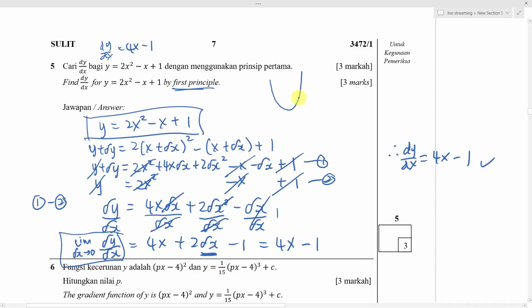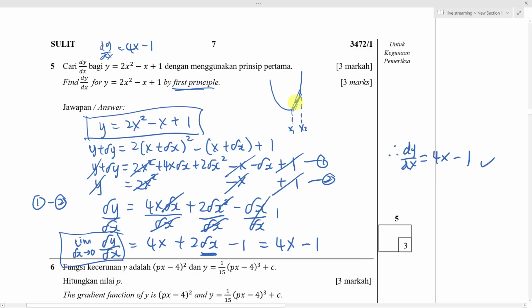Okay, let's say I want to find a gradient at this point. The mathematicians find out that they need to find a point very close to this one. Let's say this is x1, this is x2. So in order to get exactly the gradient at this point, they make x1 and x2 become closer and closer.